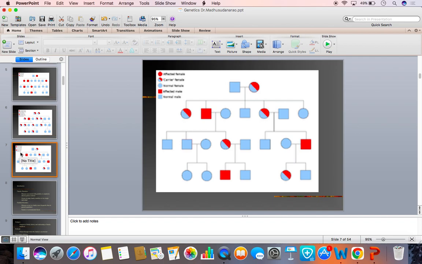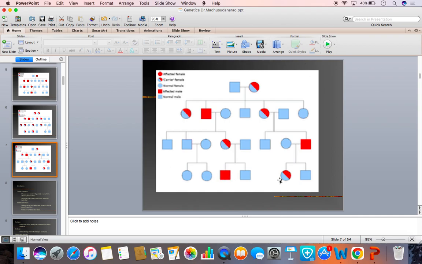This is another type of inheritance. Here, say, females are not suffering from the disease. Males are affected here. You see, this is the 1, 2, 3.